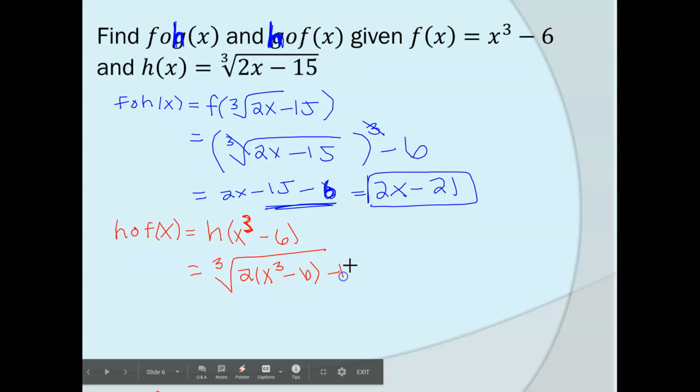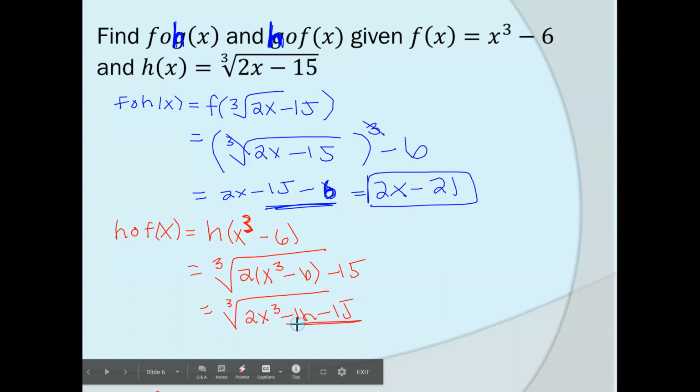minus 15. So then you get the cube root of 2x cubed minus 12 minus 15.